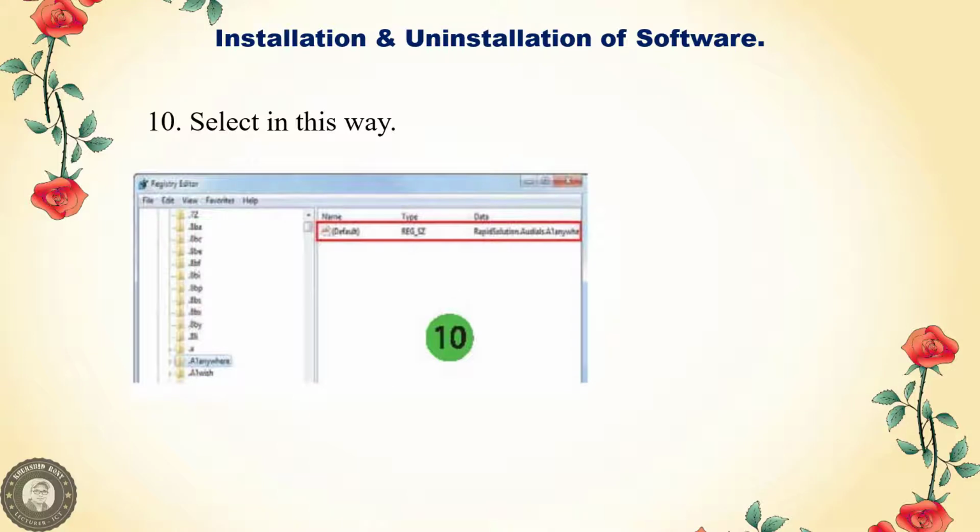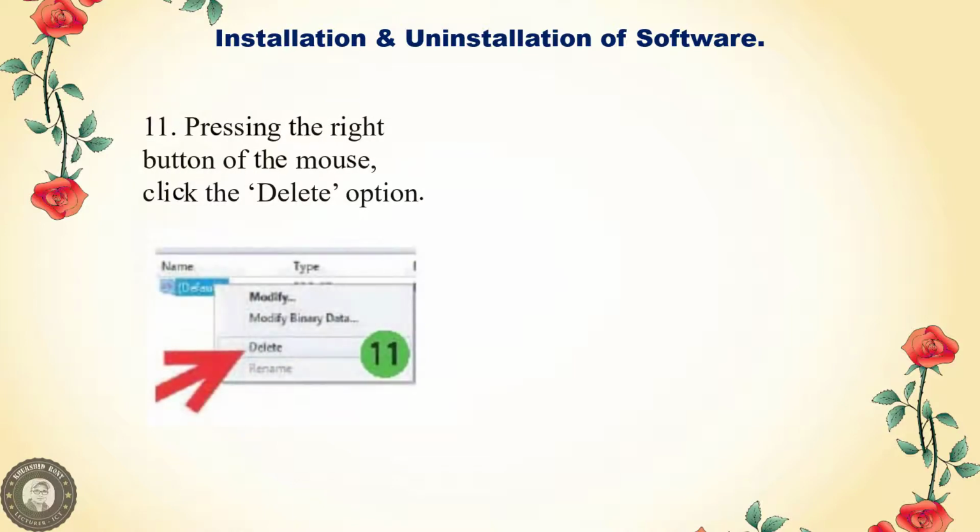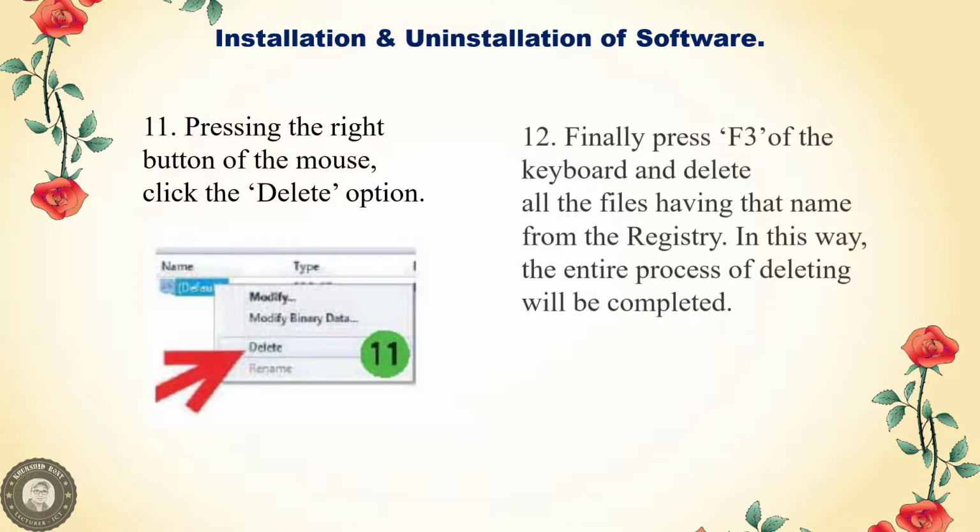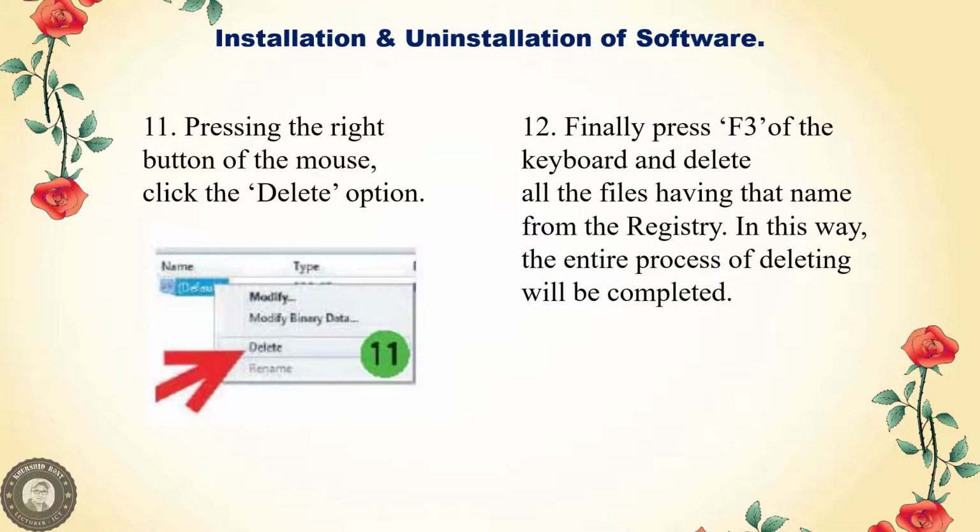Select in this way. Pressing the right button of the mouse, click the Delete option. Finally, press F3 of the keyboard and delete all the files having the name from the registry. In this way, the entire process of deleting will be completed.